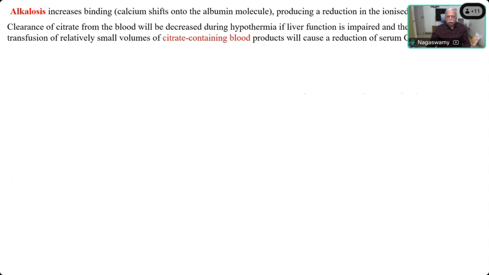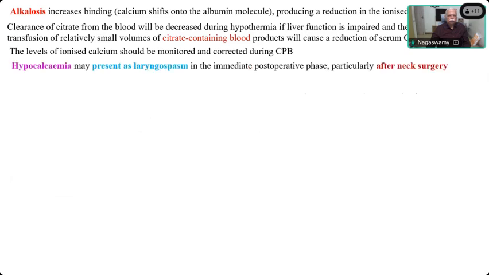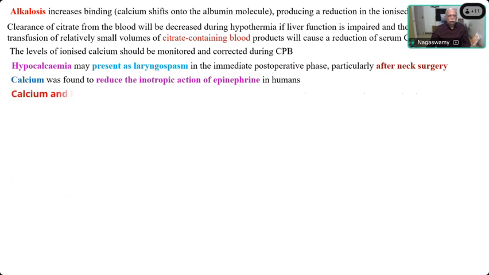So this has to be taken note of in liver transplantations, where large volumes of blood may sometimes be required. And the levels of ionized calcium should be monitored and corrected during cardiopulmonary bypass also. And hypocalcemia presents as laryngospasm, especially immediately after thyroid surgery. Calcium was found to reduce the inotropic action of epinephrine in humans.